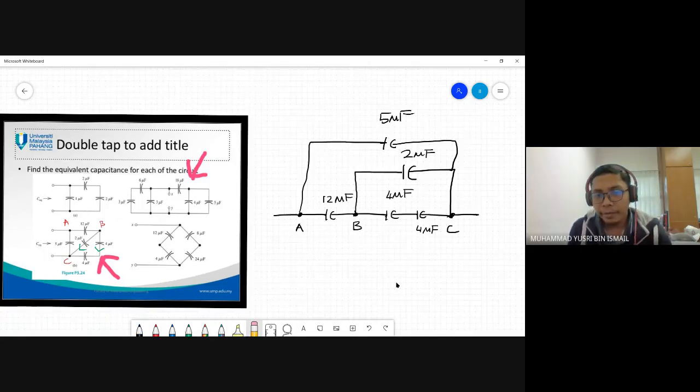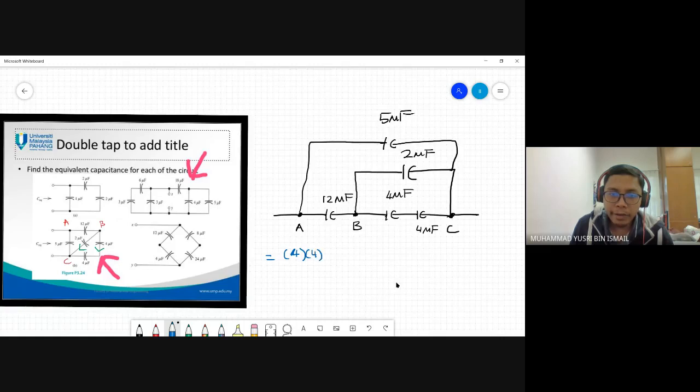For capacitor in series, it is opposite to the resistance. So 4 times 4, saya tulis betul-betul lah. 4 microfarad with 4 microfarad, which means 4 times 4 divided by 4 plus 4.